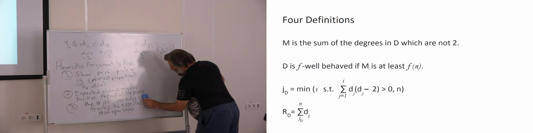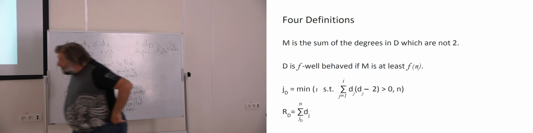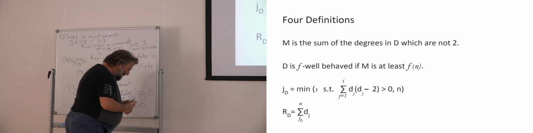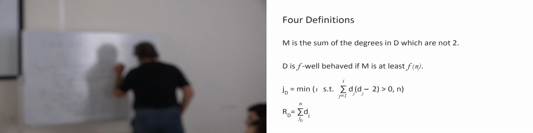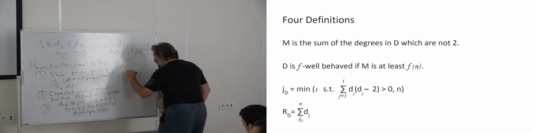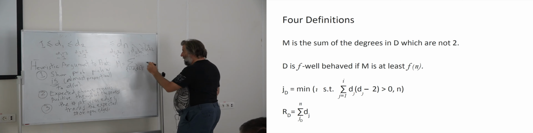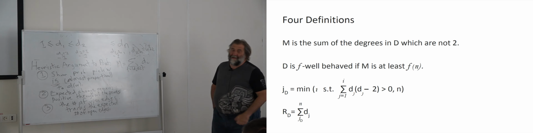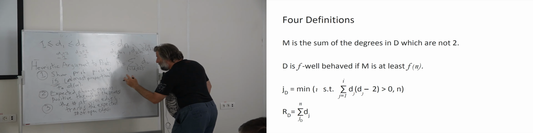Maybe I'll write them down here. For reasons that will become clear in a moment, we're going to want to know the sum of the degrees which are not 2, which I'll call M. And we're going to want it to be well behaved.